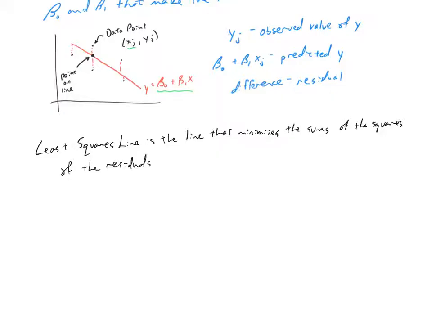That is what the least squares line does. And it's called the regression line of y on x. That's what it's called.